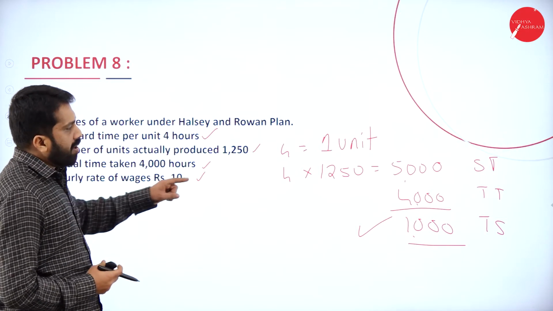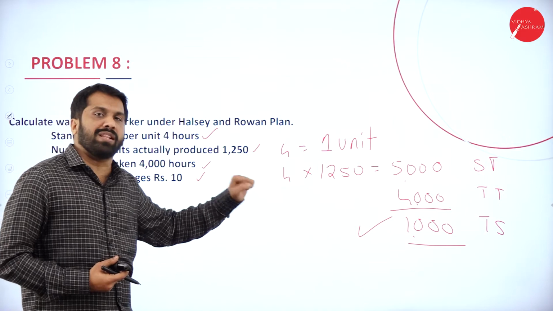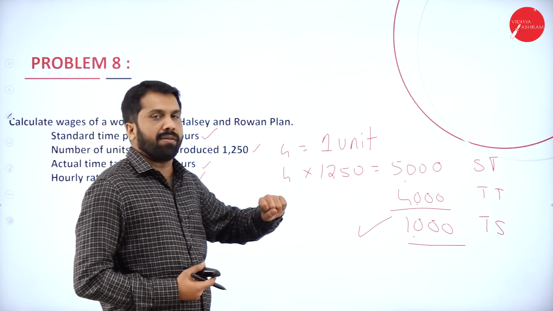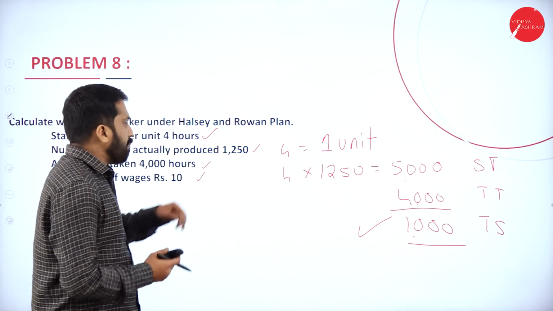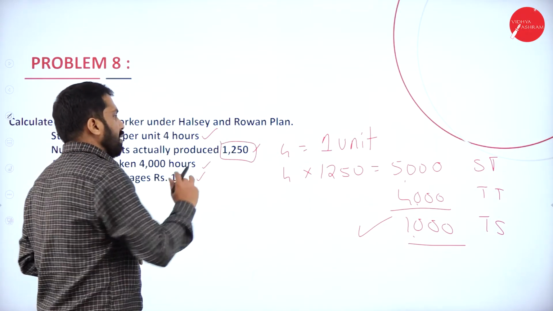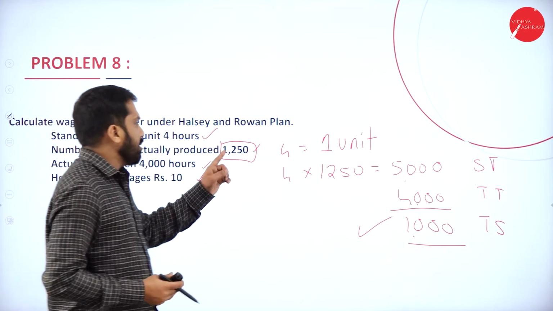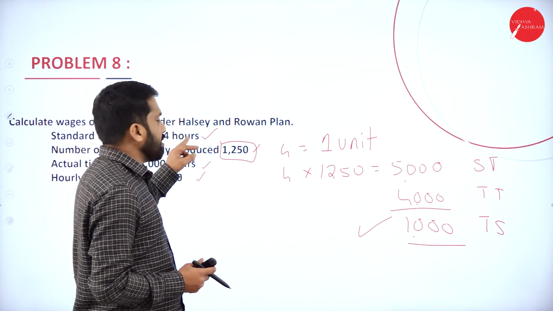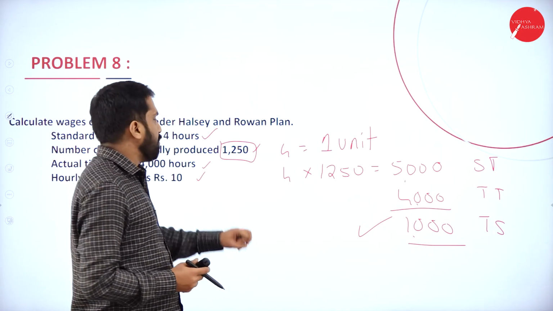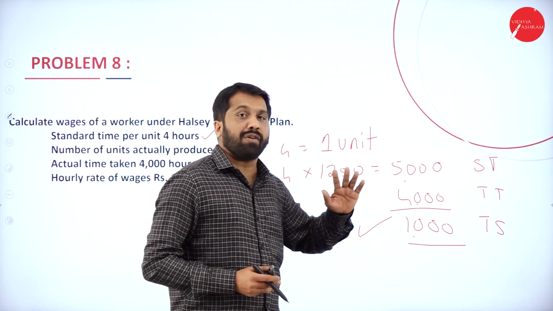Now, how to find your time saved? Your standard time minus time taken gives your time saved. How do you find the standard time? You have produced 1250. Each unit needs 4 hours as per the company standard. 1250 into 4 will be 5000.